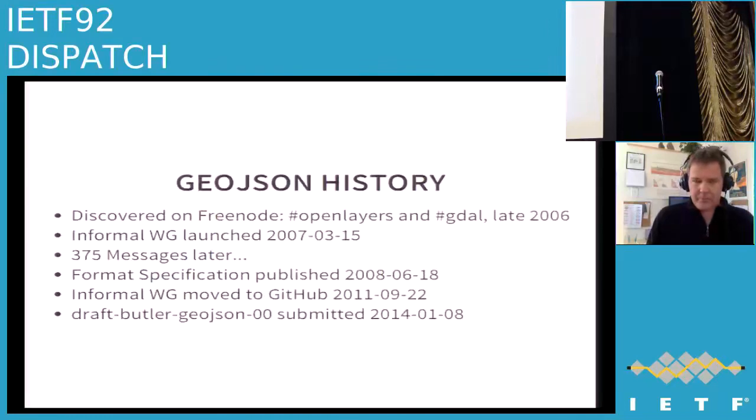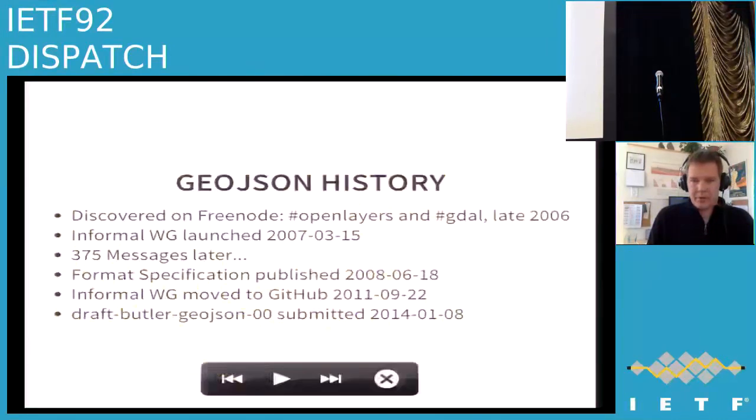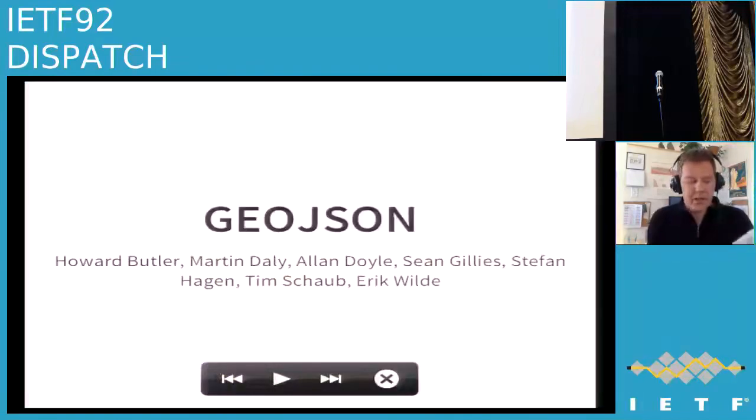GeoJSON solves the problem of a lack of a way to describe geographic information in JSON at the time it was written. And it solves another problem in that GIS formats have traditionally been evolving towards more and more complex forms. So GeoJSON is about simplifying these problems as much as possible, but no further.